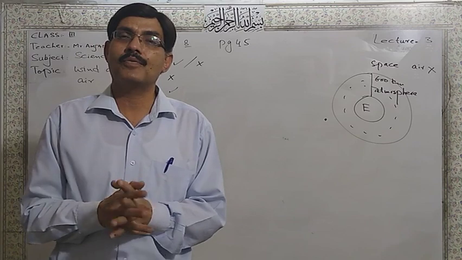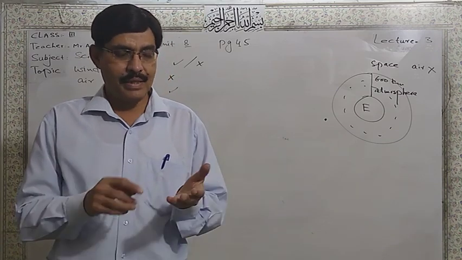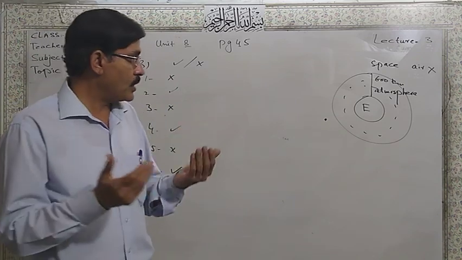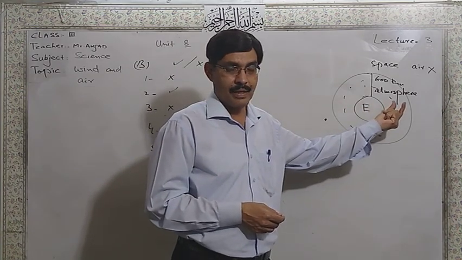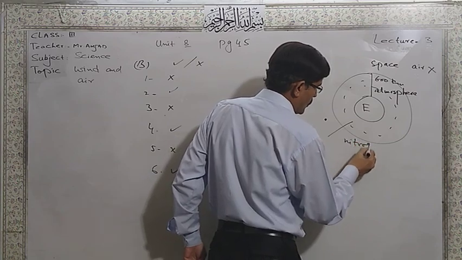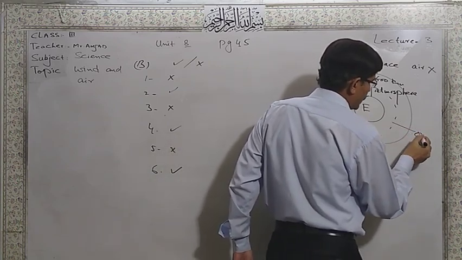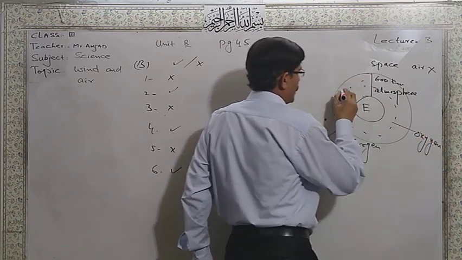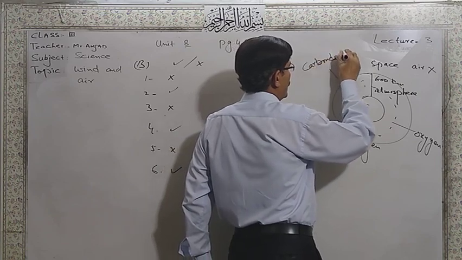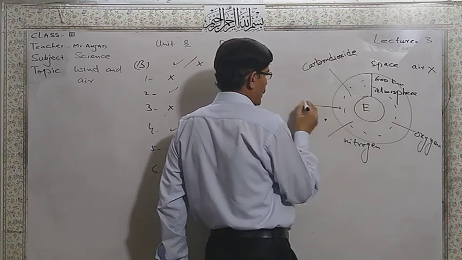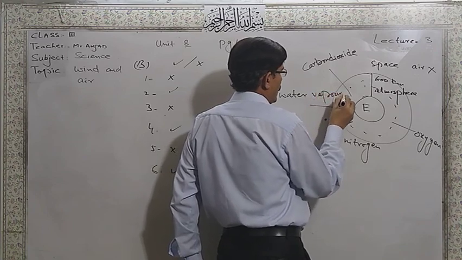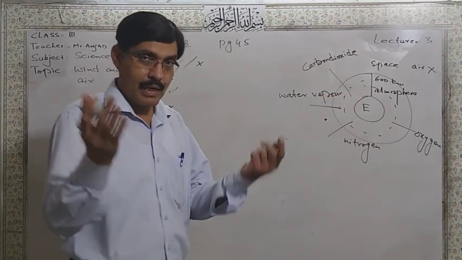Air is made of many gases: nitrogen, oxygen, carbon dioxide, and water vapor, which we have in our atmosphere.